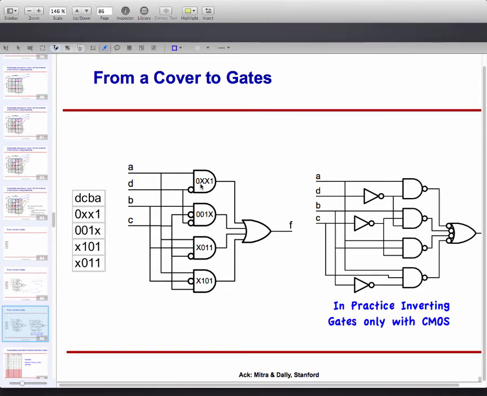The other thing is that this structure of AND and OR is not very efficient. So what is often done is to optimize this. The reason is that in our technologies, the basic gates that you can implement very efficiently are NAND and NOR. NOR happens to be faster than NAND, but if you need an AND gate or an OR gate, you have to put an inverter in front of it.